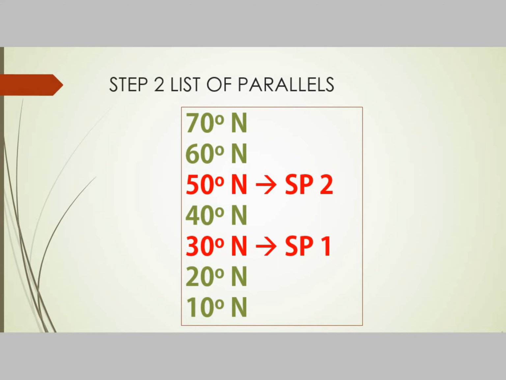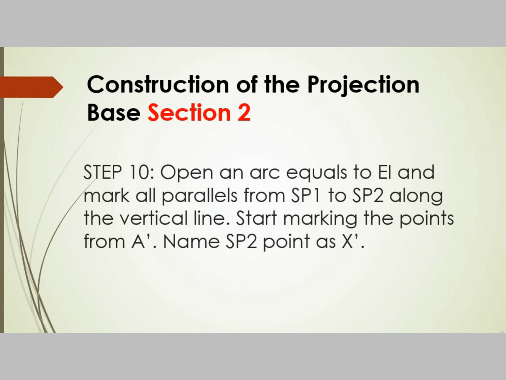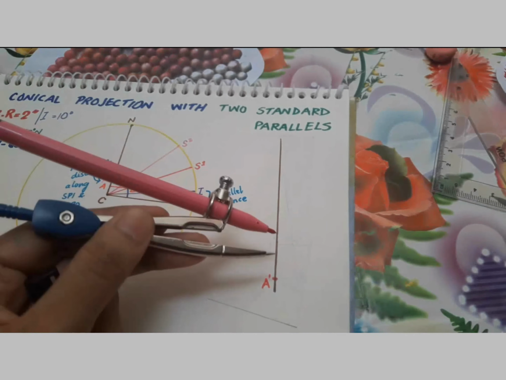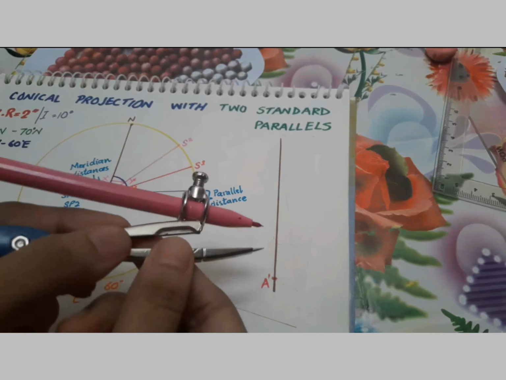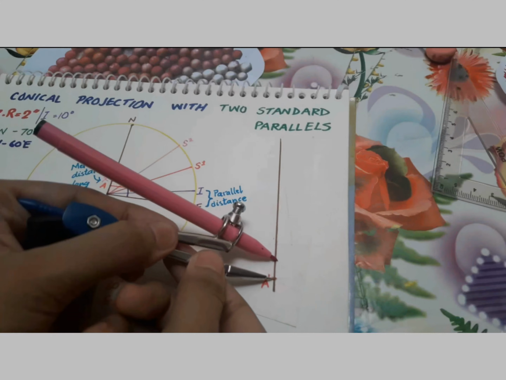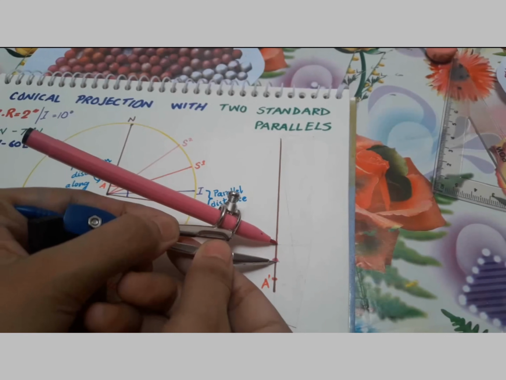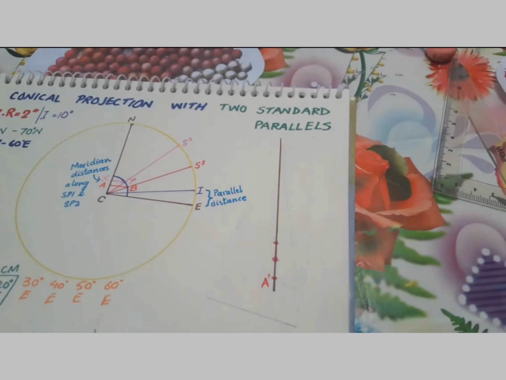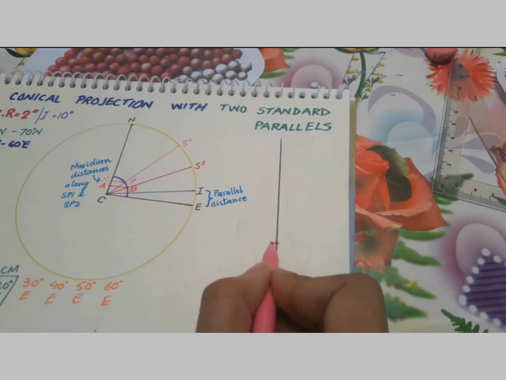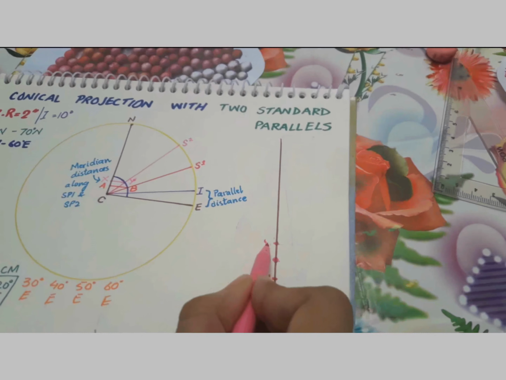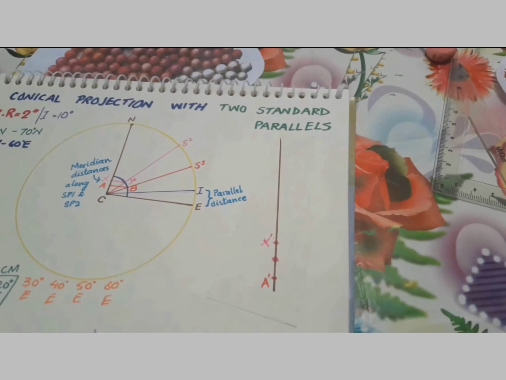So we have to mark 2 parallels along that vertical line. And we will name the marking of SP2 as X dash. So here we are taking a distance of EI and marking the parallels along this vertical line. The top one is standard parallel 2, so we will name it as X dash.